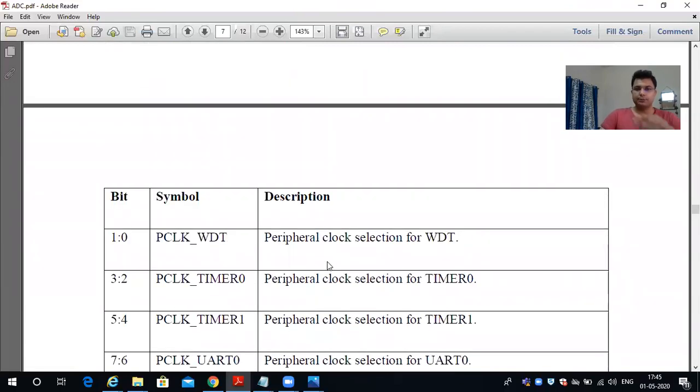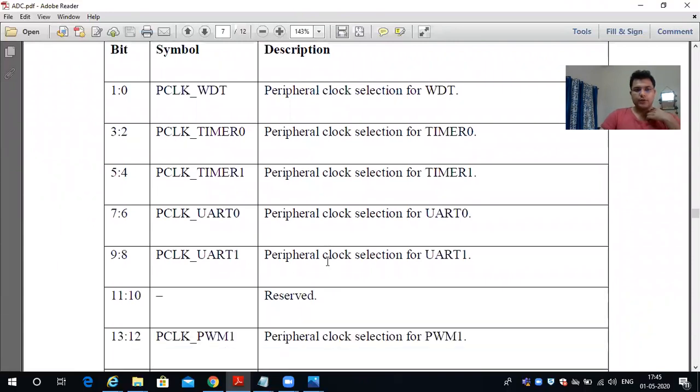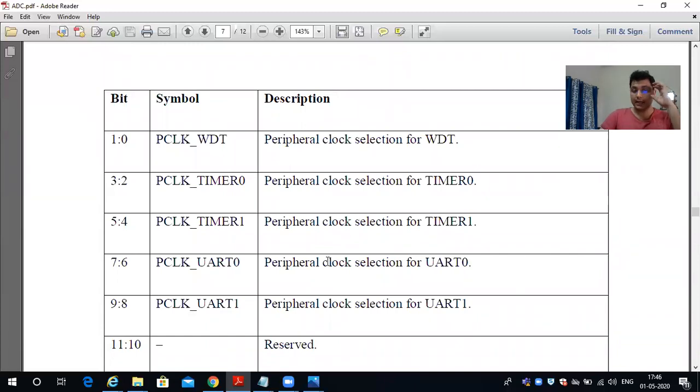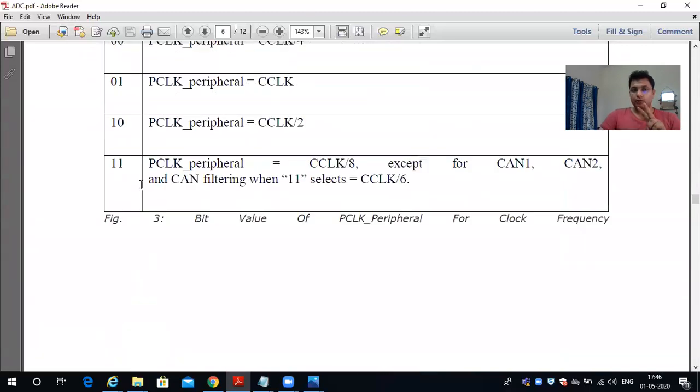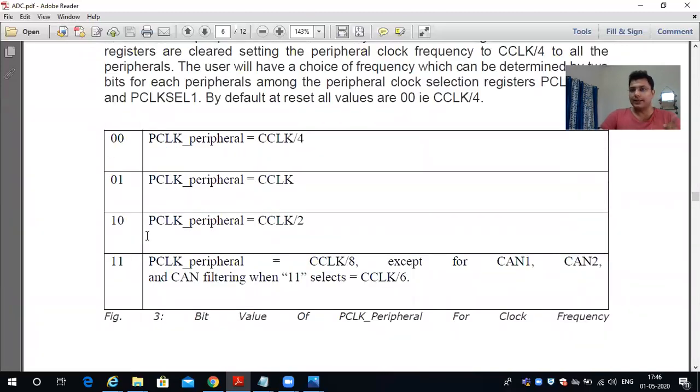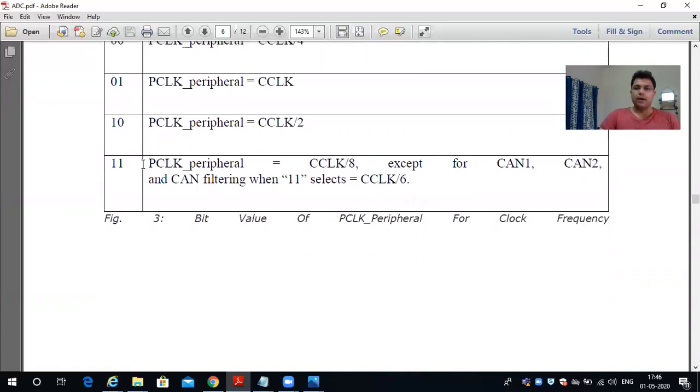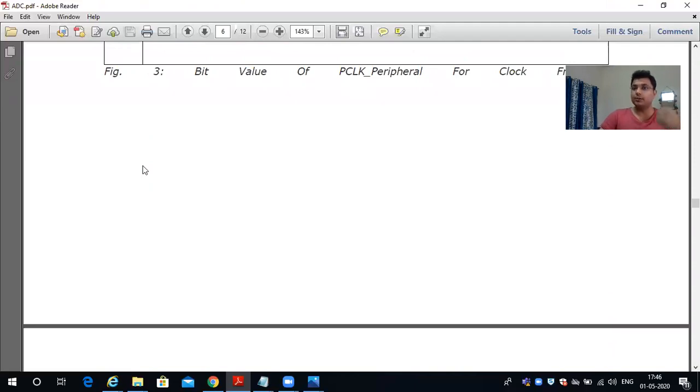Now, in the PCLK select 0 register, every peripheral requires 2 bits, because it has to select from any one of these 4 options. To represent those 4 possibilities digitally, you require 2 bits.